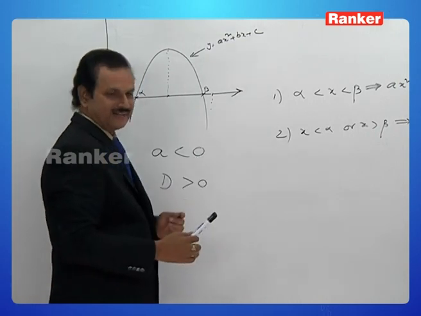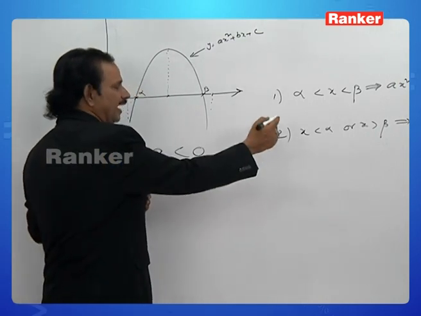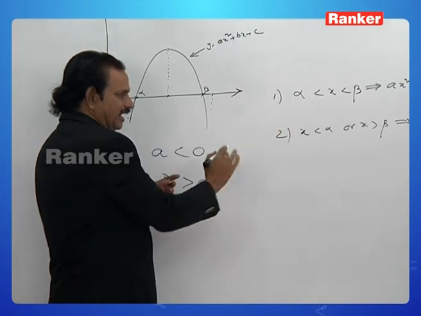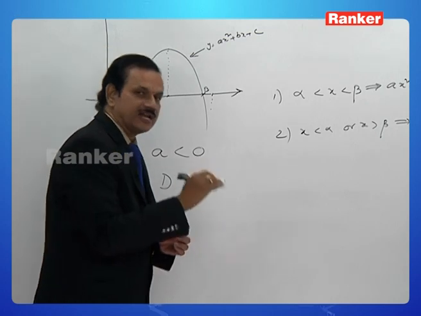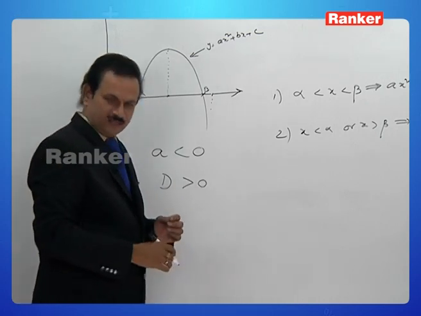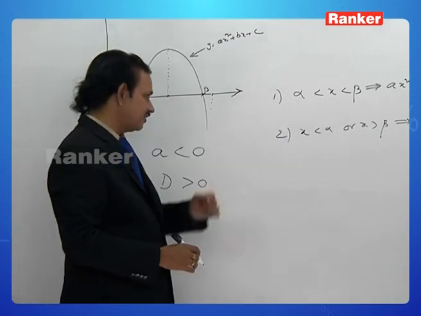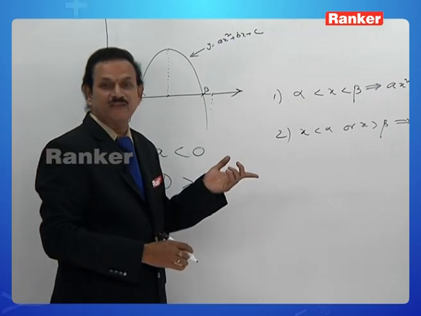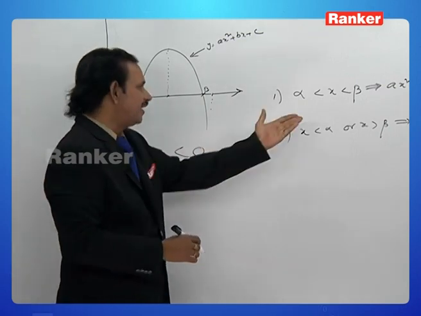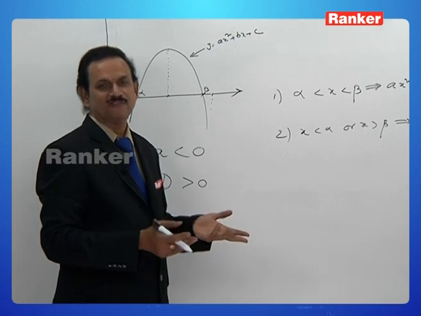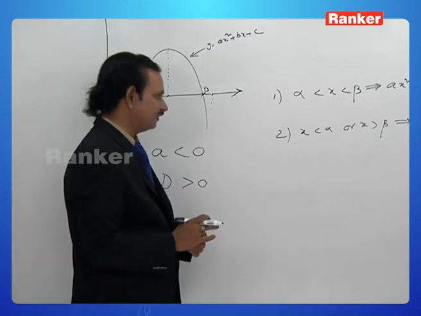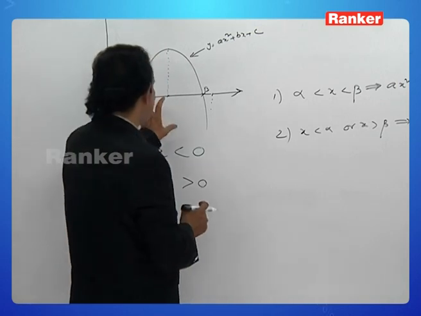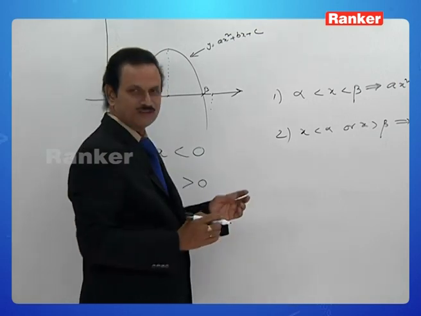Similarly, in the second case, that is, if x does not lie between the roots alpha and beta, expression is negative, a is also negative. Therefore, a and expression are of same sign. This is the study of this diagram relative to the roots.